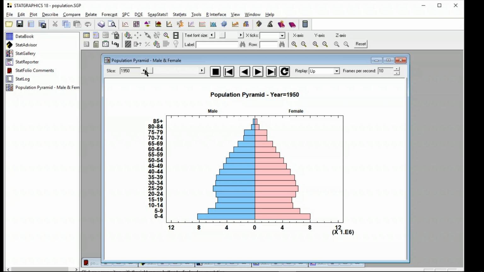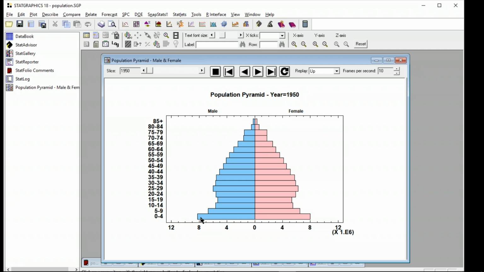So let me start by sliding it all the way back to 1950. This is what the population looked like of the United States in 1950. Back then, which was 5 years after World War II, the largest population category was children aged 0 to 4.